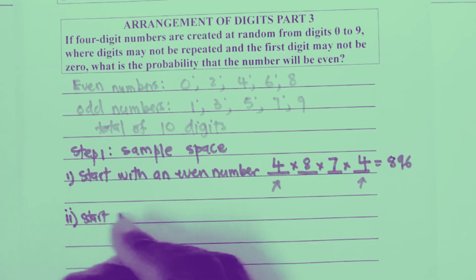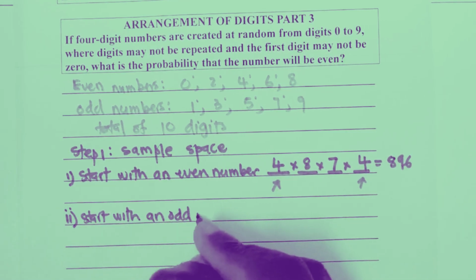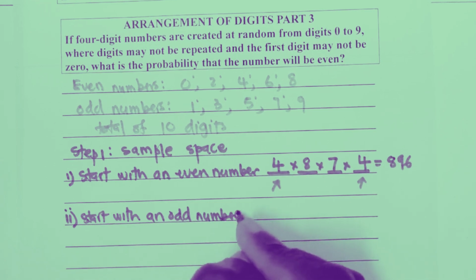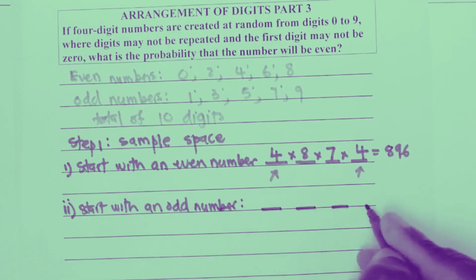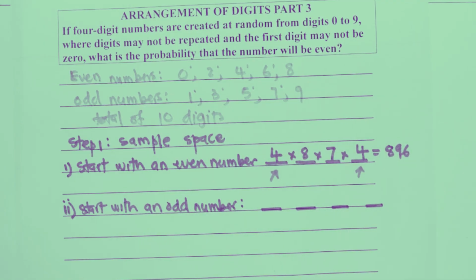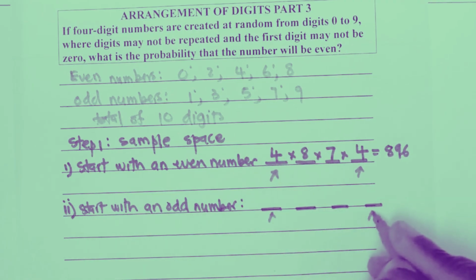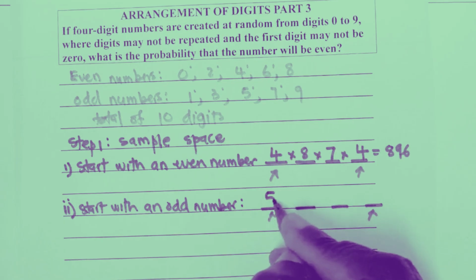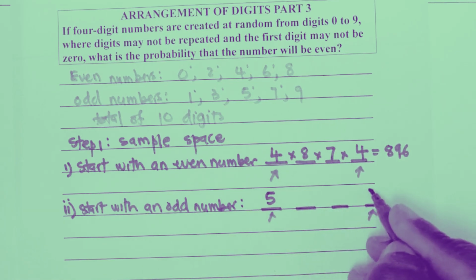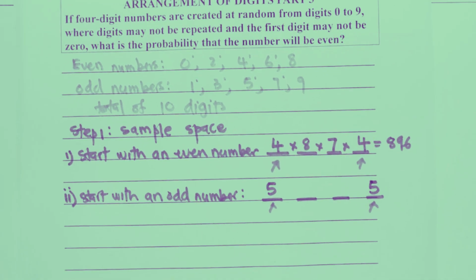Then if I move on here, start with an odd number. Again, I have 4 positions, but I also have a restriction here, and then I have a restriction at the end. How many odd numbers do I have? I have 5 odd numbers, and I also have 5 even numbers. I have used 2 digits so far.